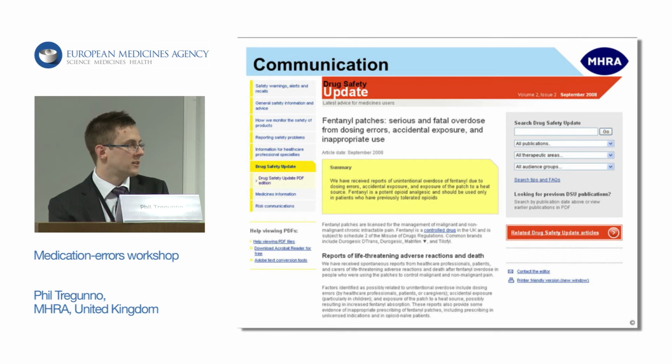But we know that hasn't totally resolved the issues. We still occasionally receive reports relating to fentanyl patches. We can do reminders in bulletins that are available for healthcare professionals, and we've recently done our first drug safety update bulletin targeted specifically at patients. But again, thinking about how we can deliver this information to patients, in particular in the most effective way, is very important.